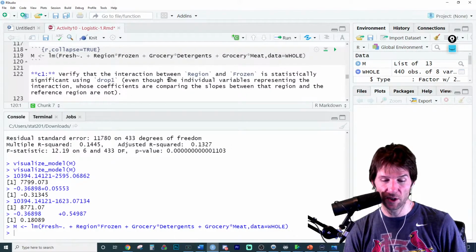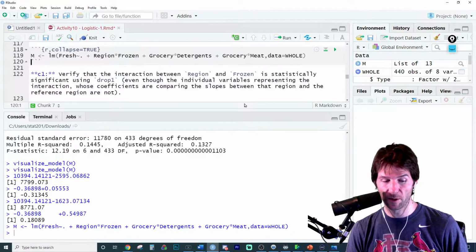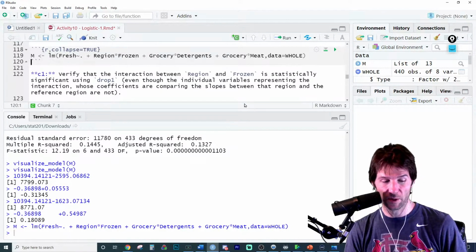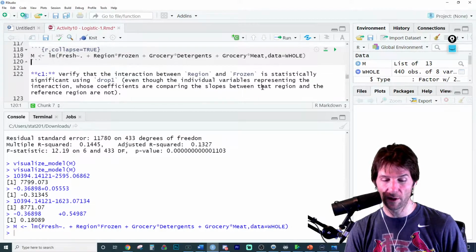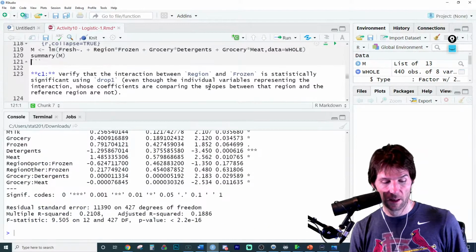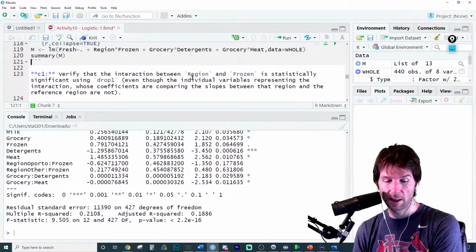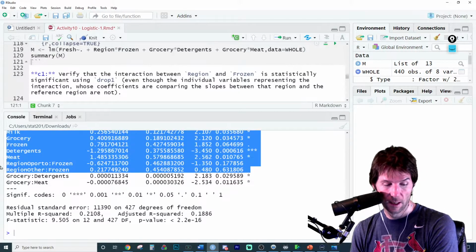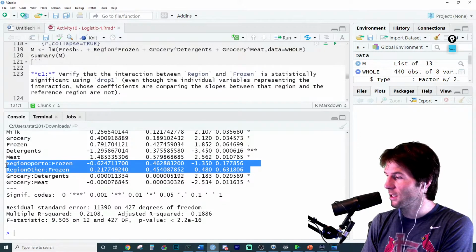Verify the interaction between region and frozen is statistically significant using the drop one, even though individual variables whose coefficient slopes between the regions and reference regions are not. What was that say? Even though the individual variables representing the interactions whose coefficients, oh yeah. What it's talking about is we're looking at the region and frozen right here, and this is not statistically significant.